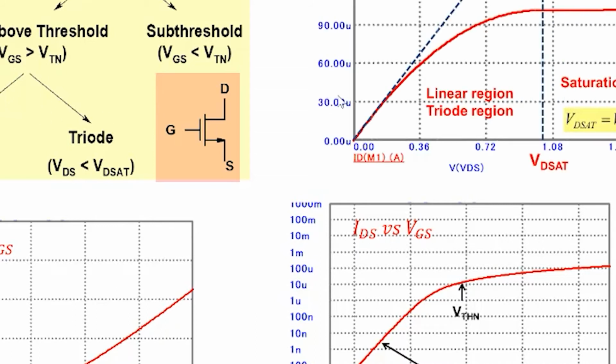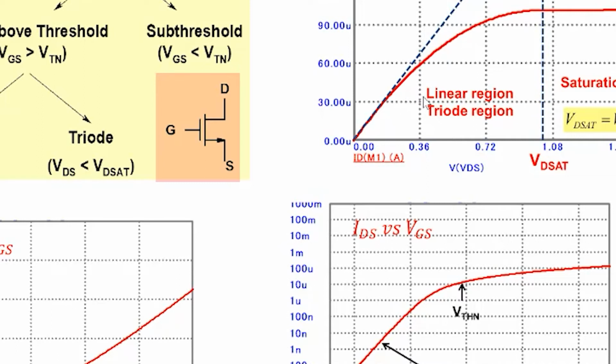Once it is above threshold, there are two regions that the MOSFET can operate in. One is the saturation region. Note that this is IDS versus VDS characteristics, drain to source current versus drain to source voltage. Drain is here, source is here, and gate is here. In saturation, the current changes very little with the drain to source voltage. While in the linear or triode region, the current changes significantly with the voltage.